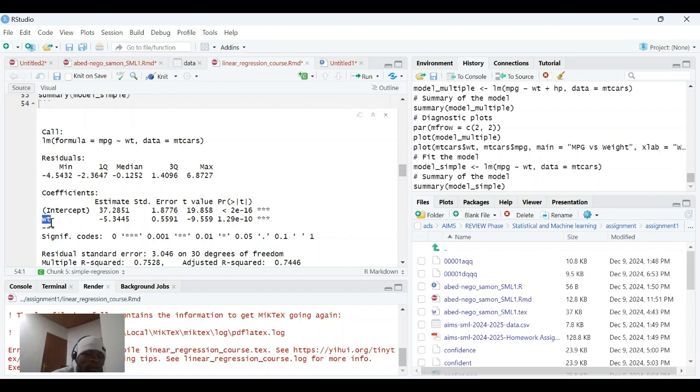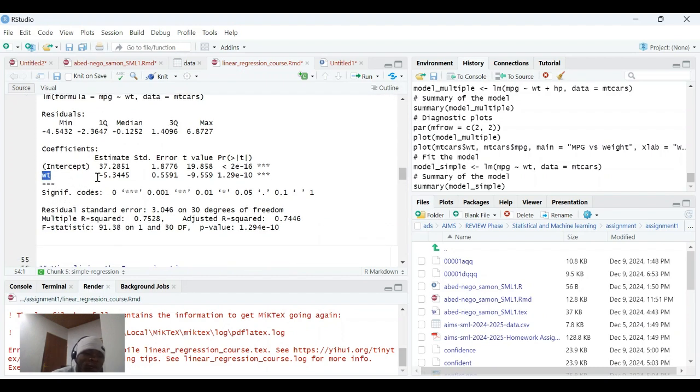Then, look at the weight. This is really important again. We have this estimate. The coefficient of weight is minus 5.3445. What does this mean? It means that when the weight increases by 1, then MPG decreases by 5.3445.